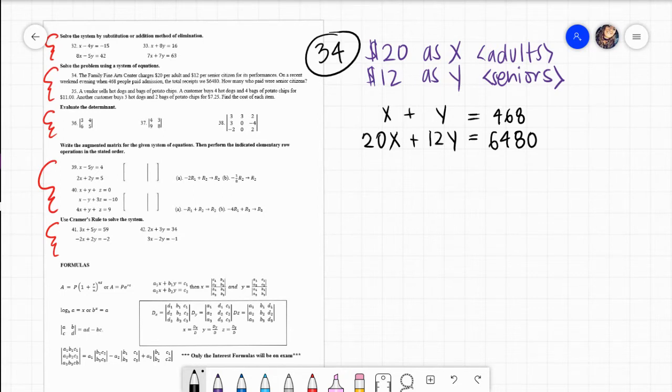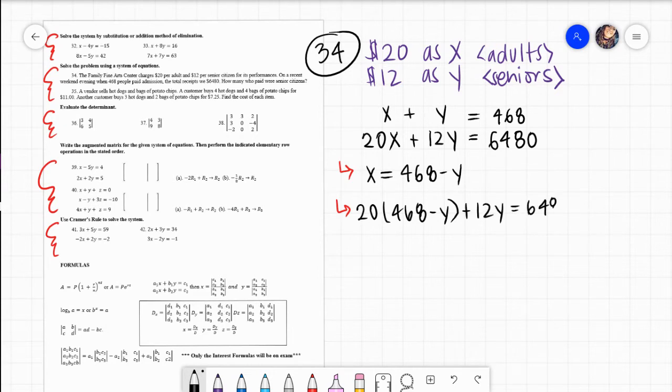Okay, so now we're just going to go ahead and solve it. I think I'm going to go ahead and do the substitution because I definitely don't want to multiply that by 20 or actually a negative 20 and do the addition method. So I'm just going to go ahead and I'm going to solve that first equation for X, which means I have X equals 468 minus Y. And then now what I'm going to do is I'm going to actually plug that equation into my other equation, equals 6480.